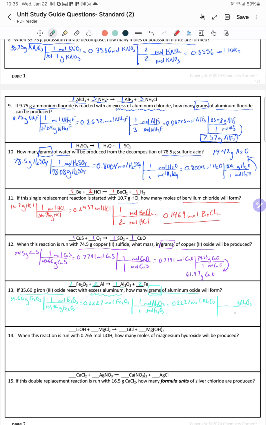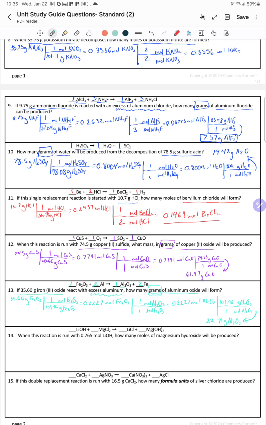I looked this up or calculated it from my periodic table, and you should get 101.96 grams to 1 mole. Multiply top, divided by the bottom. We'll put our answer down here. And if you calculate that right, you should end up with 22.71 grams of aluminum oxide.